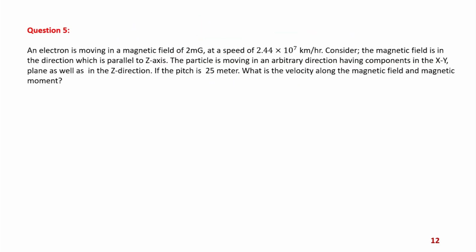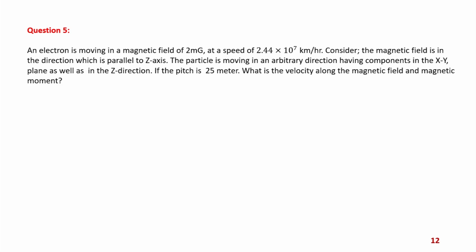Okay. Now, this question. An electron is moving in a magnetic field of 2 milli Gauss, and the speed is given. You are asked to consider the magnetic field in the direction parallel to the z axis, and the particle moving in an arbitrary direction, having components in the x and y plane as well as in the z direction.